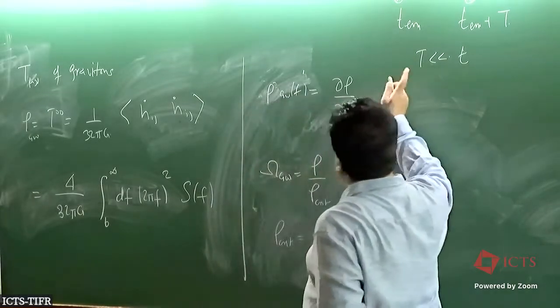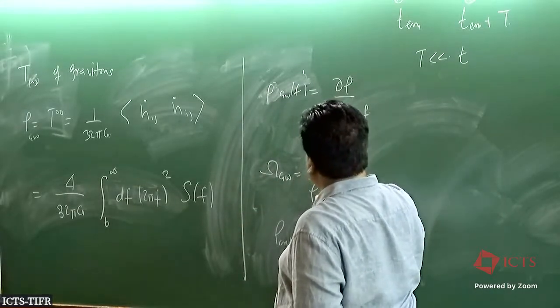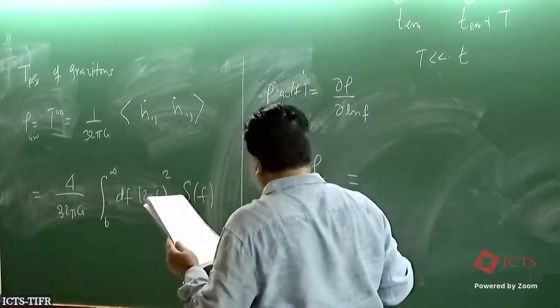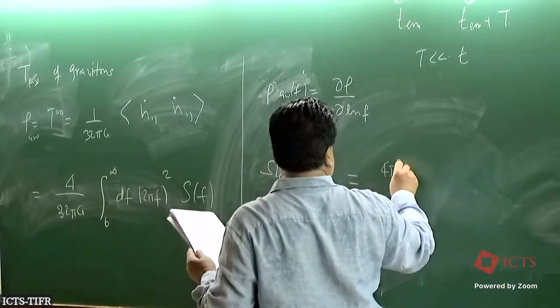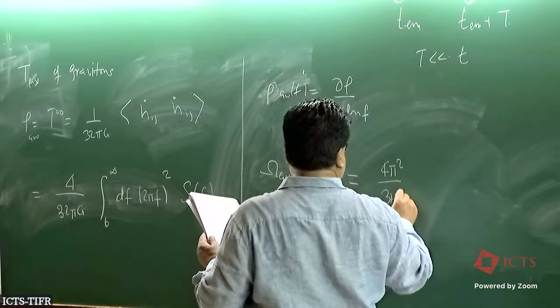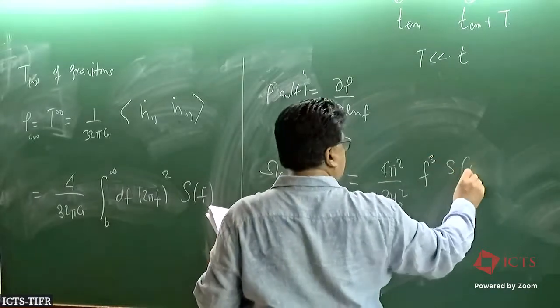So if I take that formula, calculate this and calculate omega GW, my final answer is this.